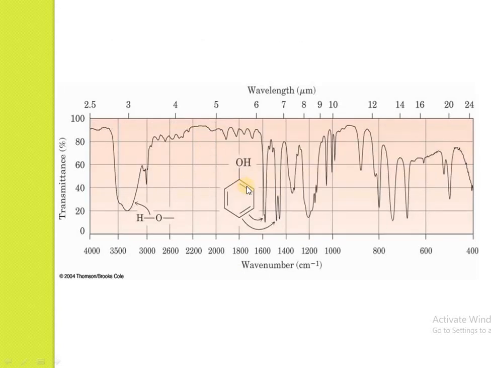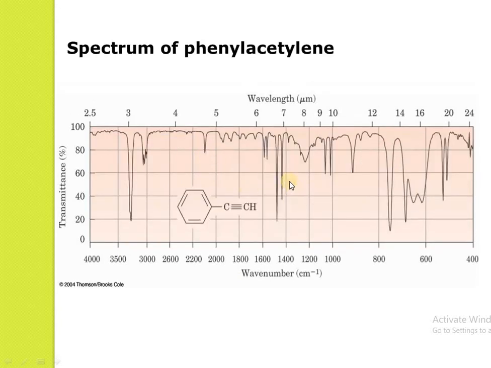And then these are the normal stretchings wherever aromatic rings are present, below 1500, and these peaks will be seen in almost every aromatic compound. This we will see in further examples.